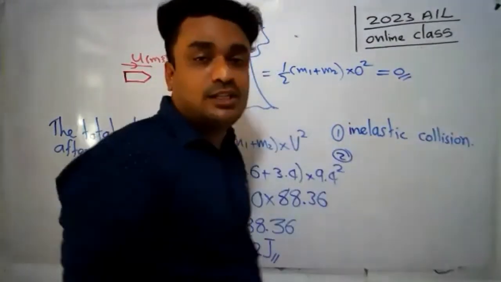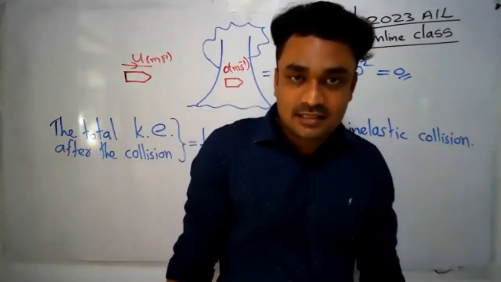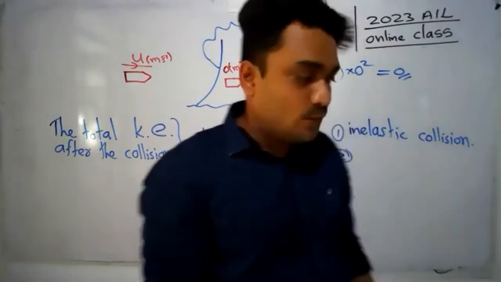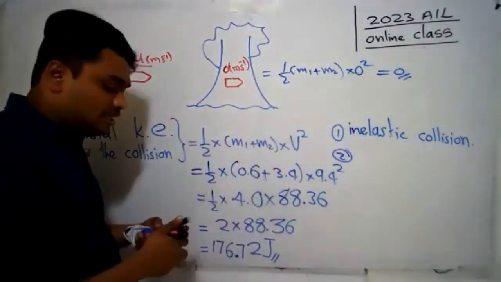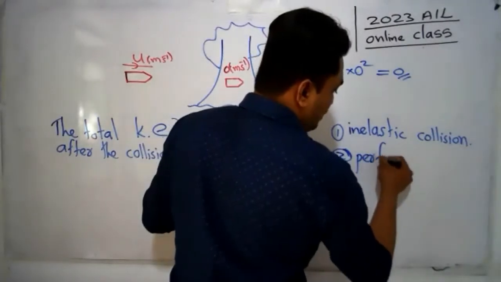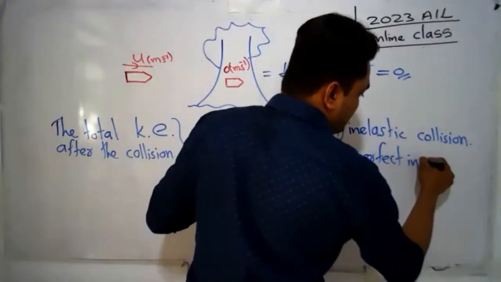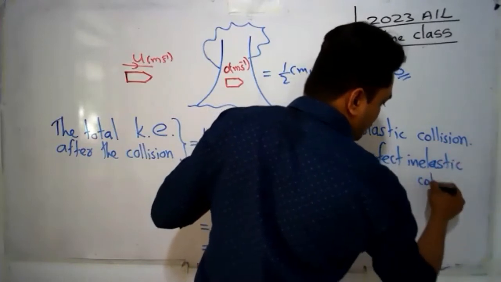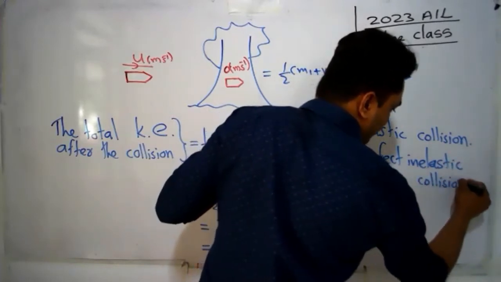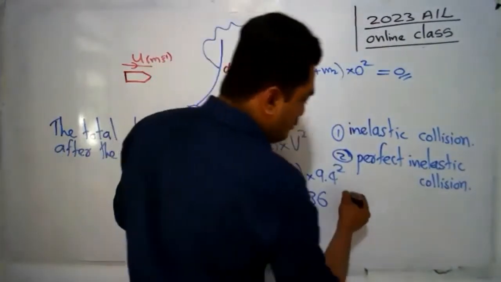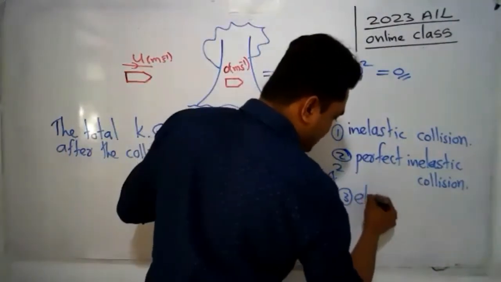So after the collision, what is the total kinetic energy here? 0. Such a collision is said to be a perfect inelastic collision. The third one is said to be elastic collision.